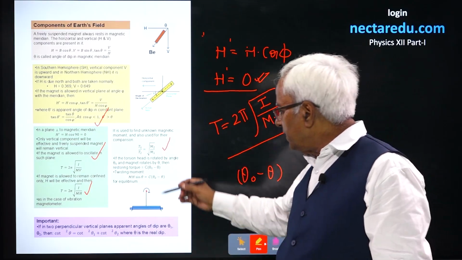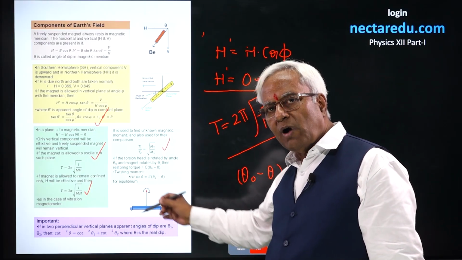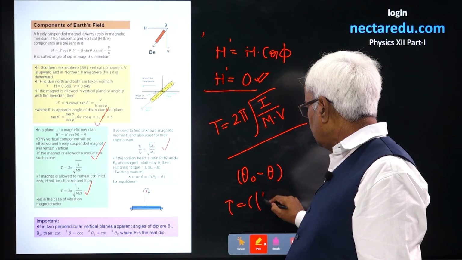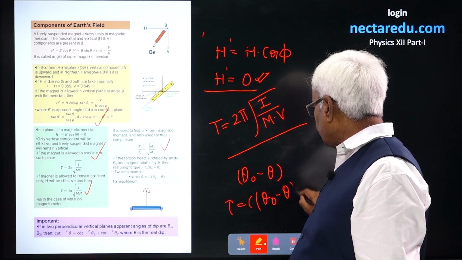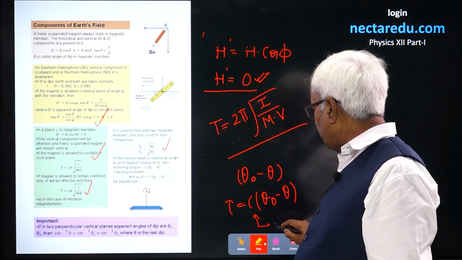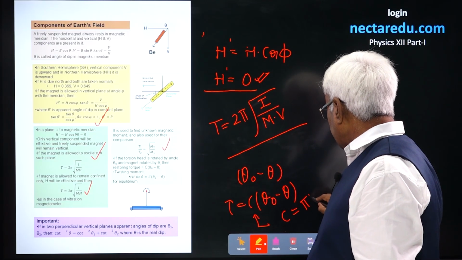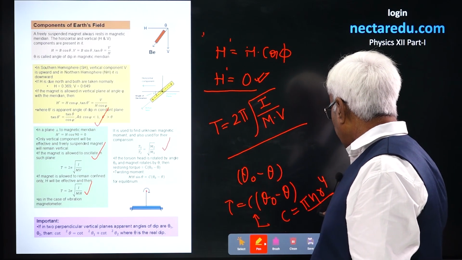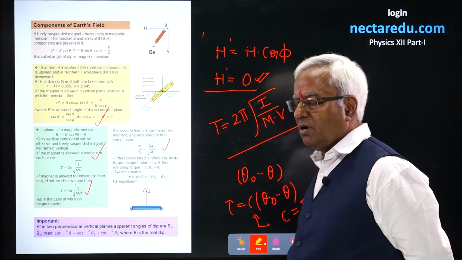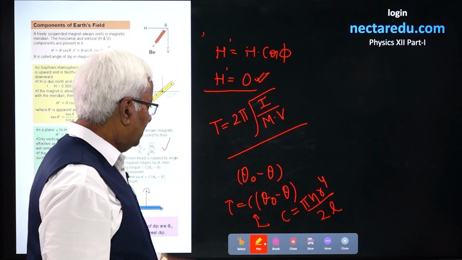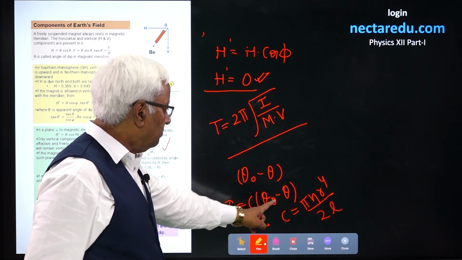And the twisting moment in this suspension wire is going to be c times (theta 0 minus theta). Here c is pi eta r^4 upon 2l. This is called the twisting moment or twisting rigidity. You can find this twisting moment.